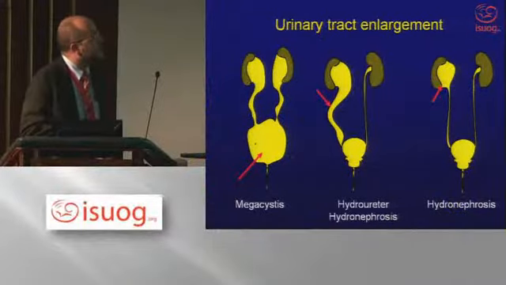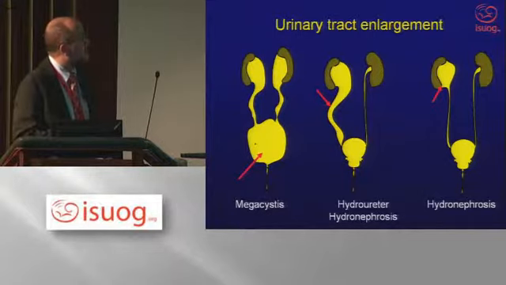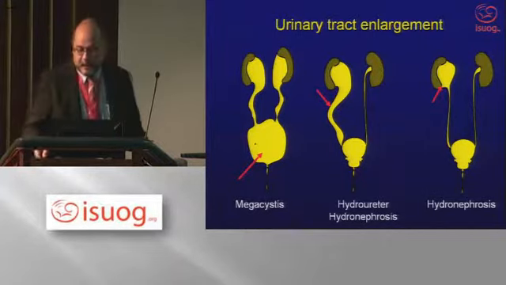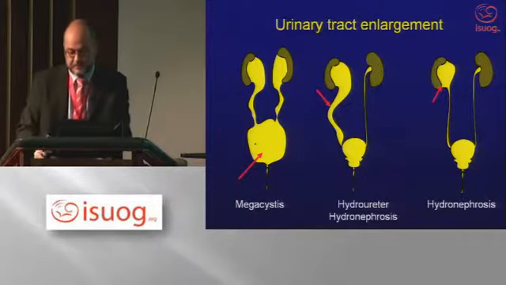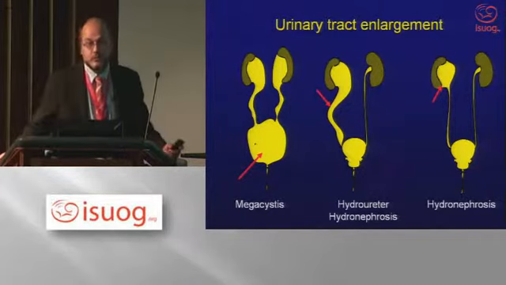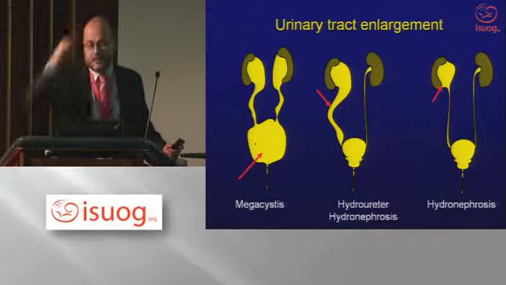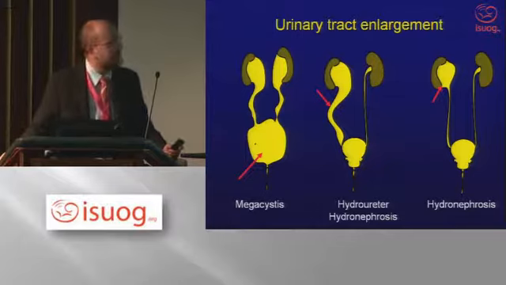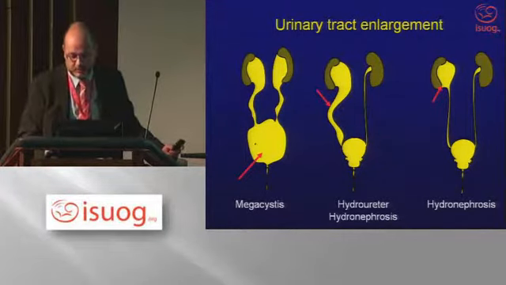And really what we're going to be talking about in terms of urinary tract enlargement today is megacystis, hydroureter and hydronephrosis. And we'll talk a little bit about duplex systems, and if we have time, a little bit about multicystic dysplastic kidney, which kind of fits in urinary tract enlargement also.